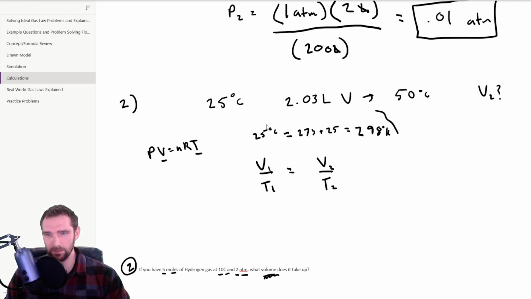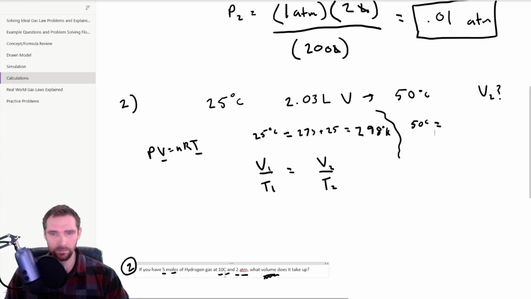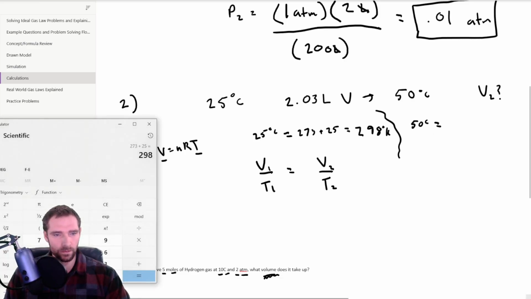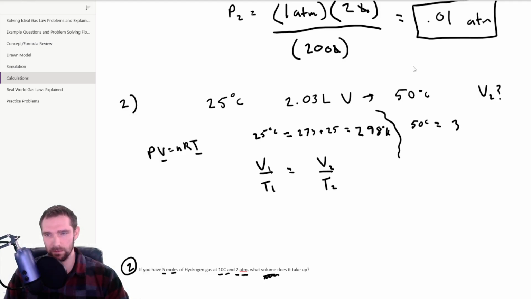And if we did that with our 50 degrees Celsius, that's going to be 273 plus another 50, which gets 323 degrees Kelvin. So we need to be working with our degrees in Kelvin here.